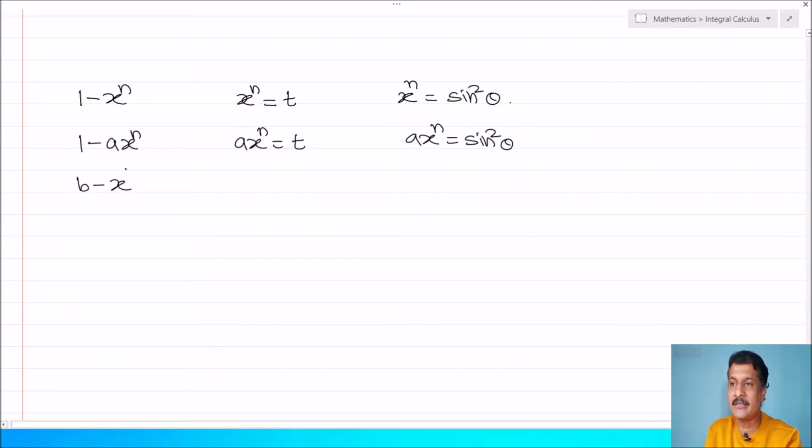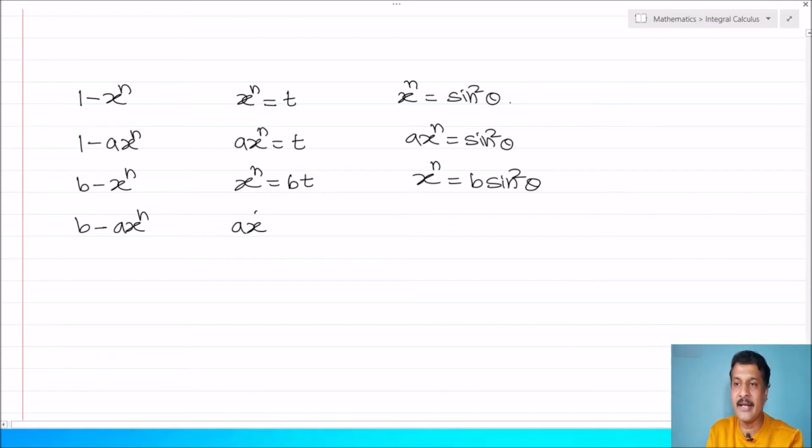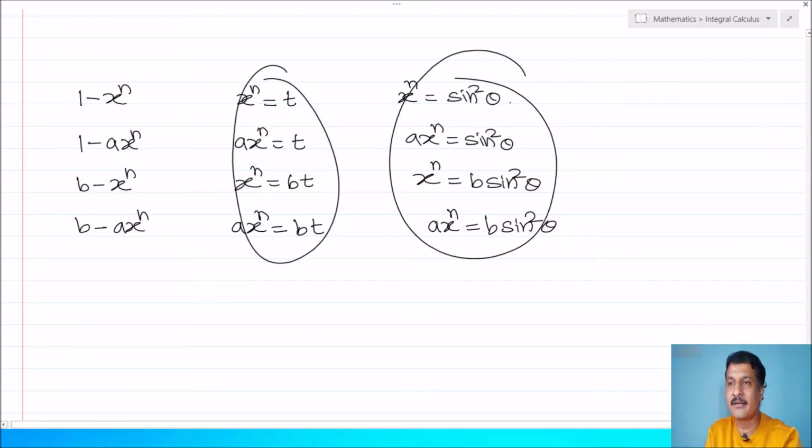For b minus x raised to n, the substitution will be x raised to n equal to bt, and here x raised to n equal to b sine square theta. Similarly, if it is b minus a x raised to n, then a x raised to n equal to bt, and here a x raised to n equal to b sine square theta. Means you can use this one or this one corresponding to these.